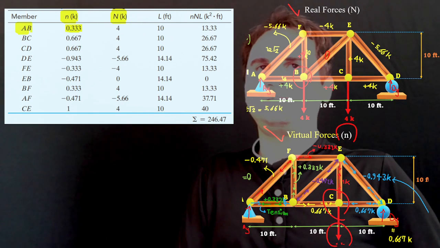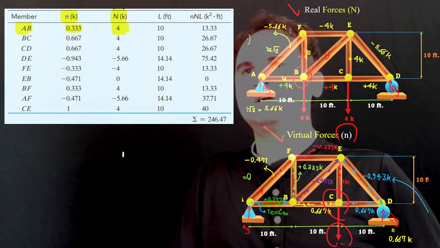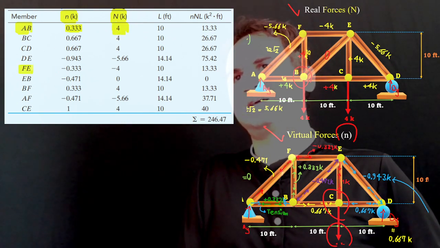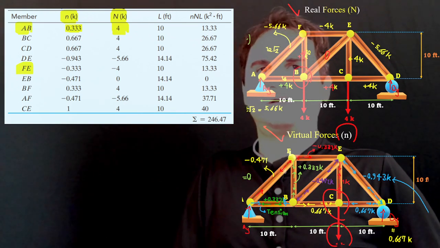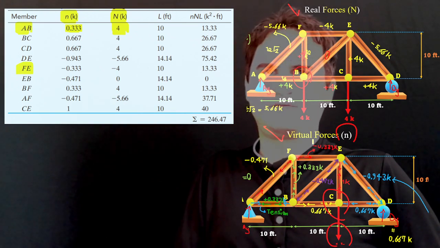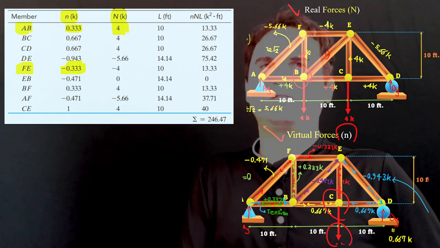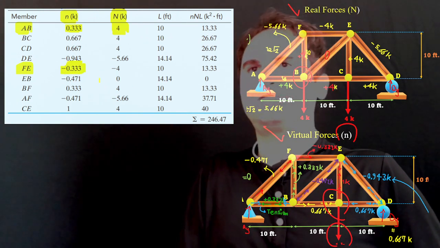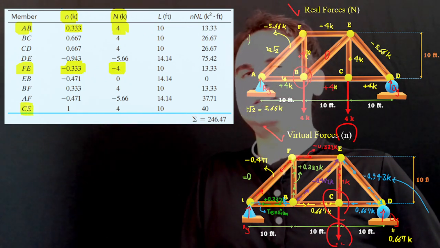For the same member, the real force just gives you a positive force. So we have positive force. Let's double check FE, for example. FE is here. For virtual work, we have negative 0.33, and for a real force, we have negative 4. Let's observe CE, for example.